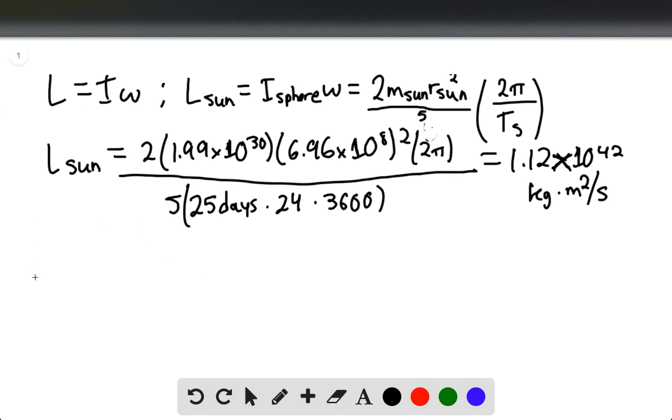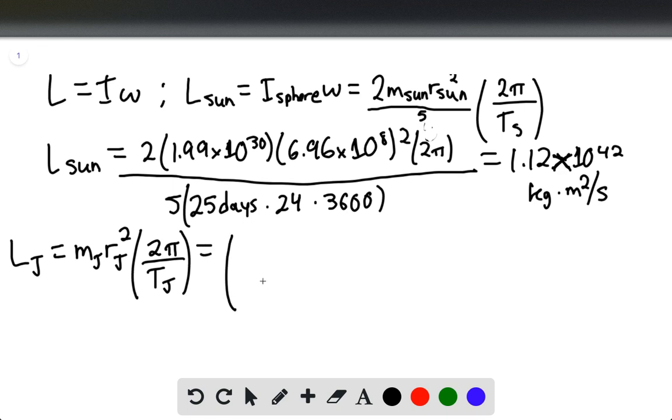So we can say that L of Jupiter is going to be equal to the mass of Jupiter times the radius of Jupiter squared times 2 pi over the period of Jupiter. And again, this term right here, r sub j, simply means the distance from Jupiter to the sun.